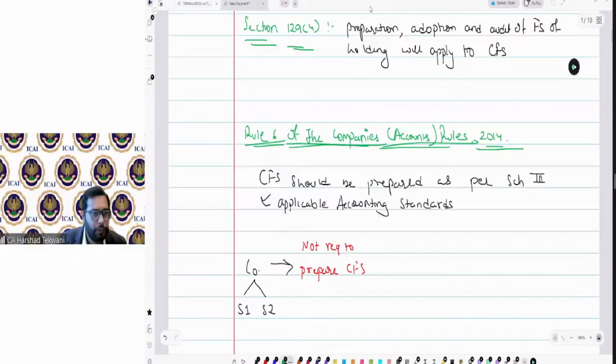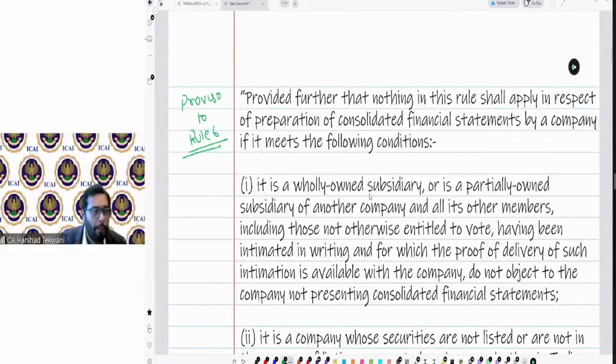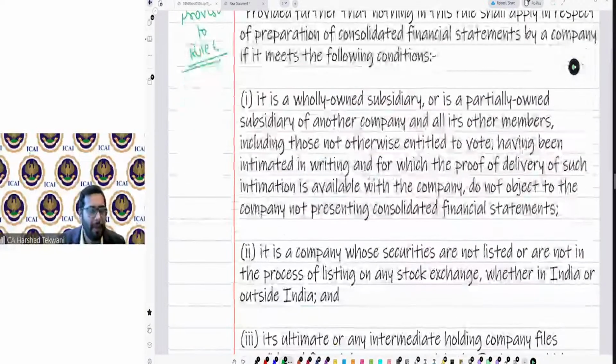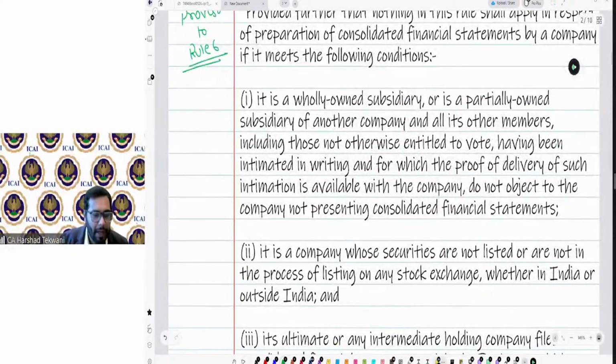Okay, so let's go to the rules. The rule says, provided further, nothing contained in this shall apply in respect of preparation of consolidated financial statement by a company if it meets the following criteria. Which are the following criteria?